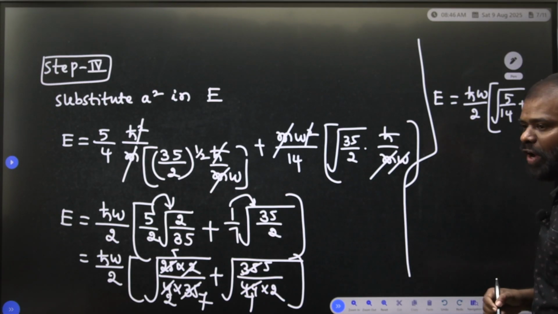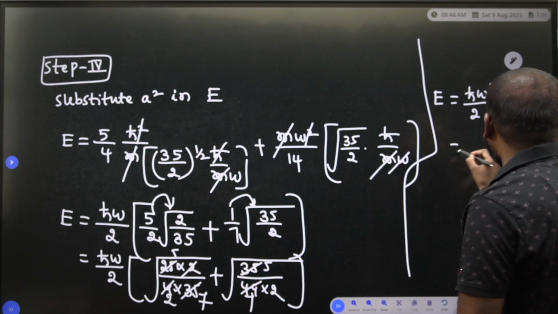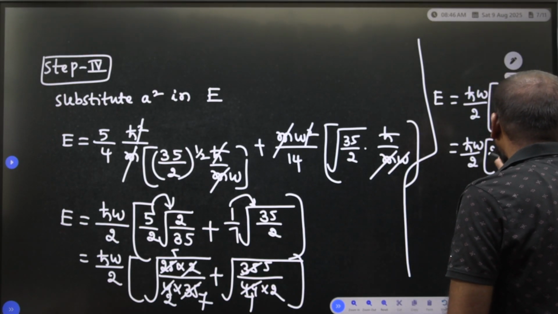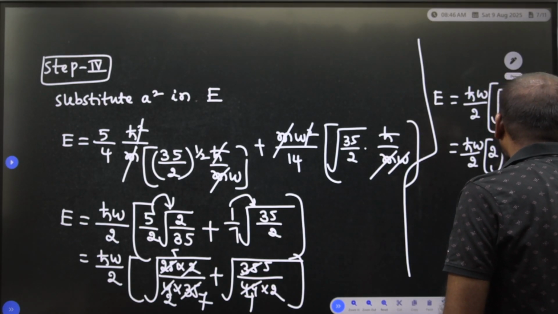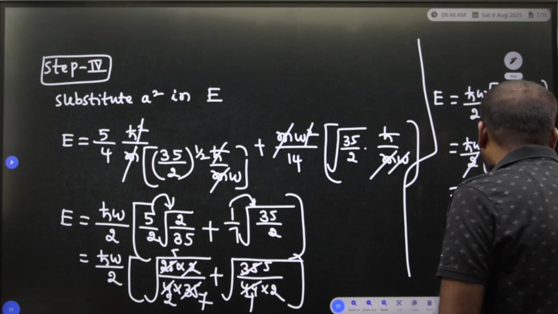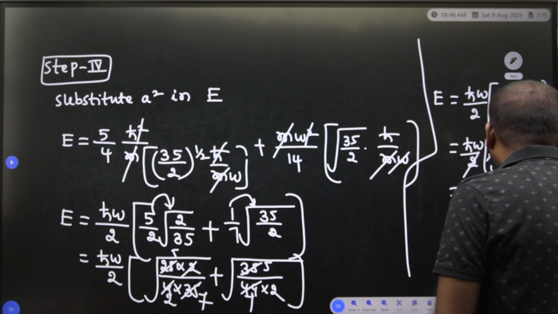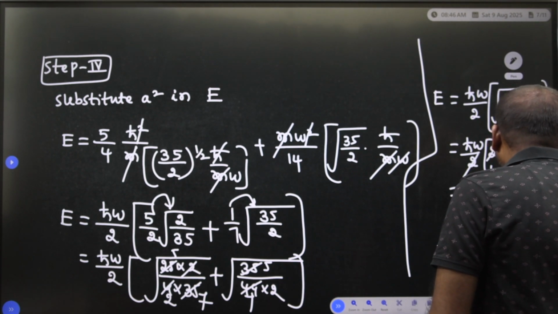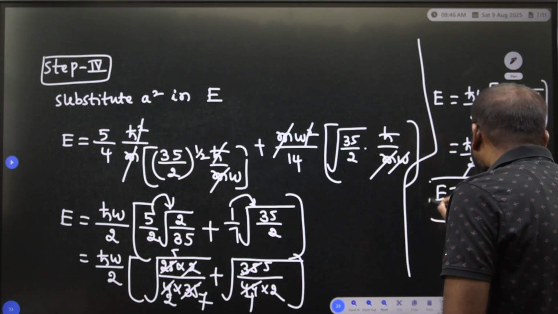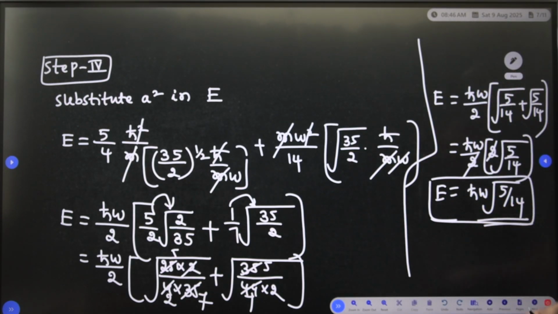So root 5 by 14, root 5 by 14 is equal to ħω by 2 into 2 root 5 by 14. So the 2 and 2 get cancelled, therefore ħω into root 5 by 14. You are going to get this, this is the energy value corresponding to your trial wave function, clear.